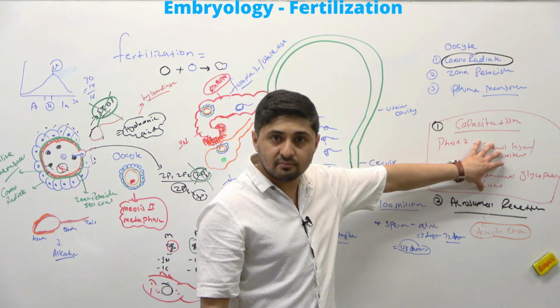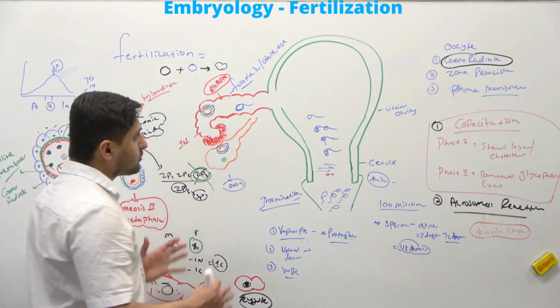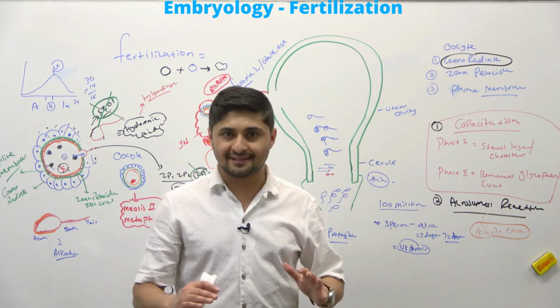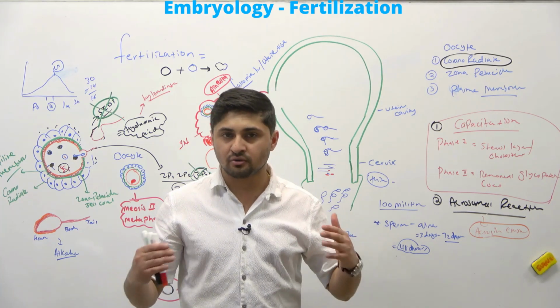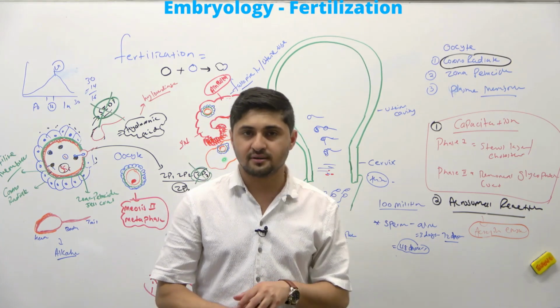So this is a very important concept that you have to remember. I think I talked about the most important concepts here about what fertilization is. This is not super detailed material, but I covered the most important concepts that could be tested on your exams. All right, thank you.